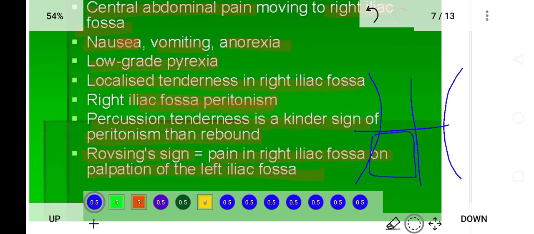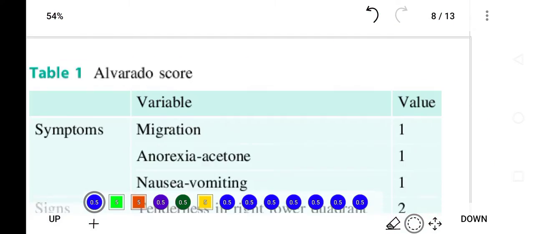When we palpate the left lower quadrant, the patient will feel pain in the right lower quadrant, on the right side. That is known as Rovsing's sign, and it is present in appendicitis.